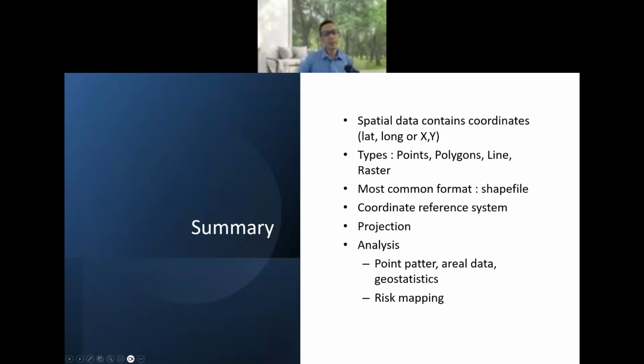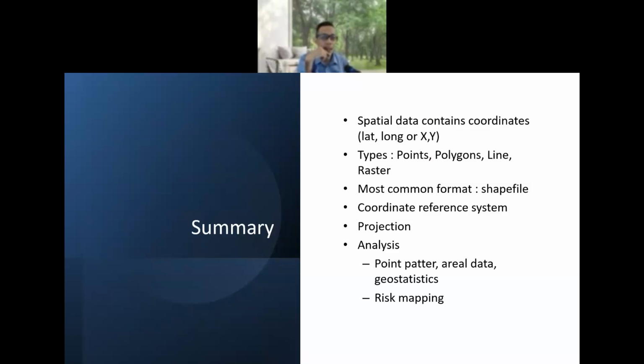Right. So in summary, spatial data contains coordinates: latitude, longitude, X or Y. And there are different types of spatial data: points, polygons, lines, raster. And then there is a shapefile here.